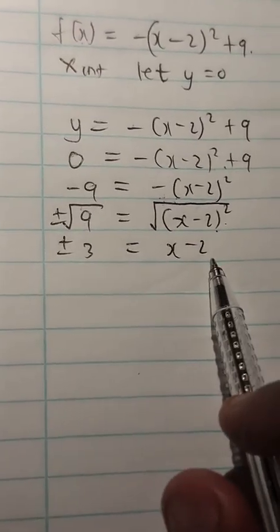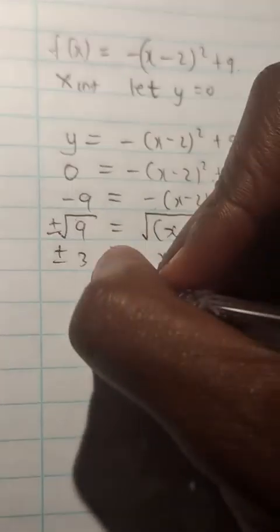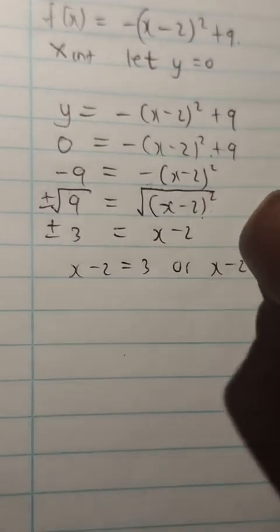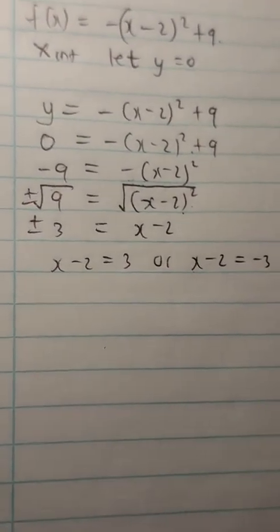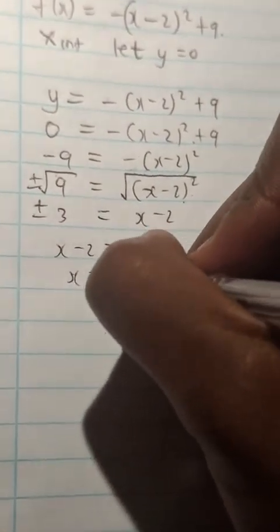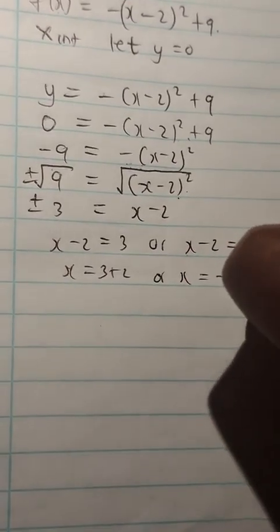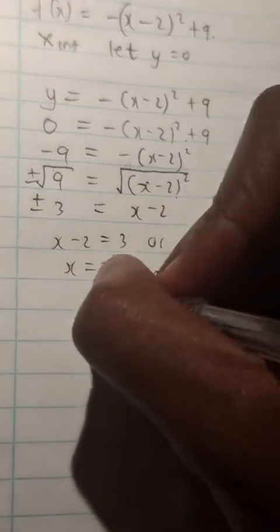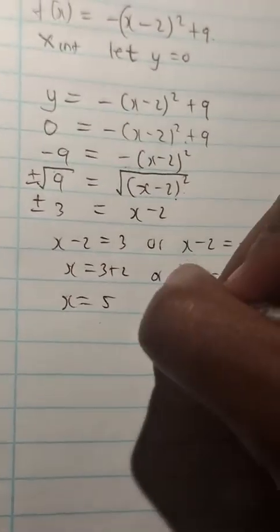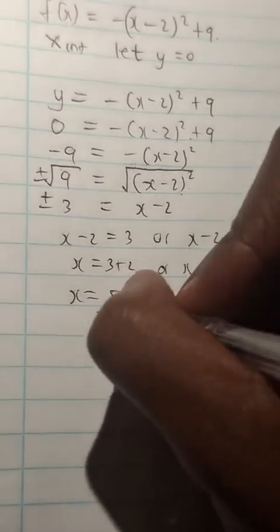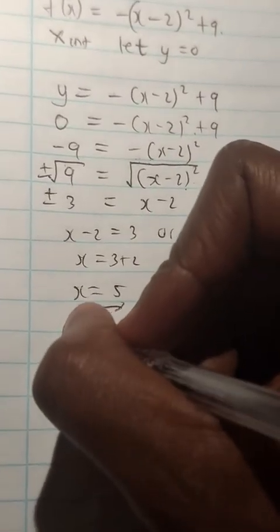Now, two situations here, two answers. I'll get x minus 2 is equal to 3, or x minus 2 is equal to negative 3. These two answers: x is equal to 3, transpose the negative 2, or x is equal to negative 3, transpose the negative 2. I get x is equal to 5, or x is equal to negative 1. Now, I'm going to go back to my points.